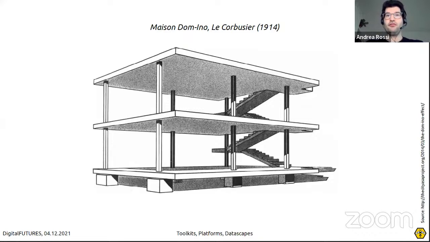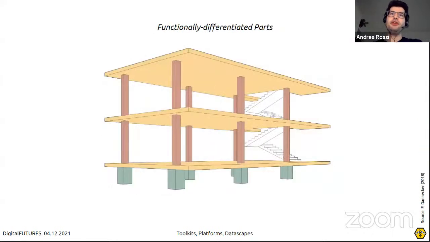And parts, of course, exist in architecture probably since when architecture started to be defined as such. But what's very interesting, if we look at modular architecture, particularly for example in modernist times, is that the parts in a building are defined for their function.